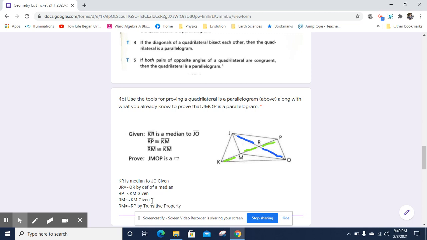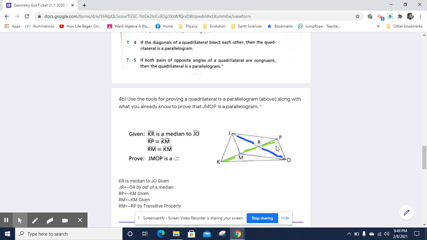Now I think we just about have enough to say that JMOP is a parallelogram. We have one more thing to say. We knew that JO was bisected.